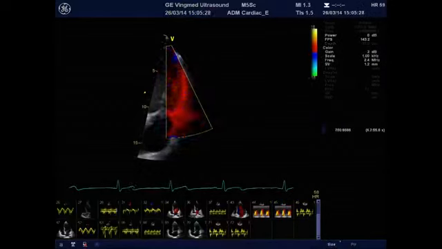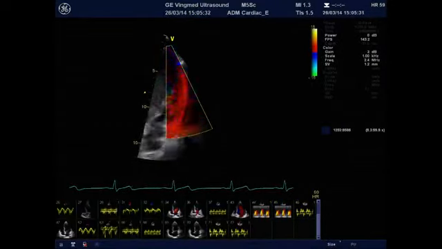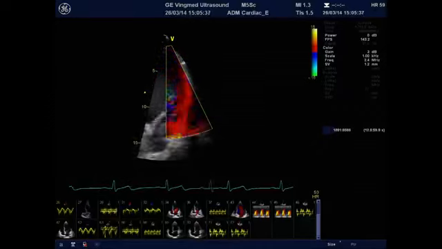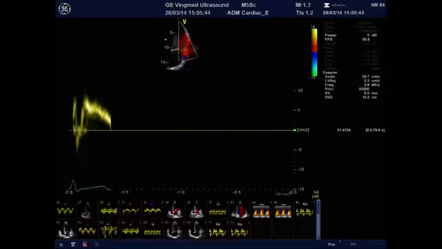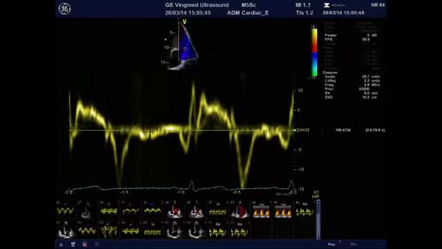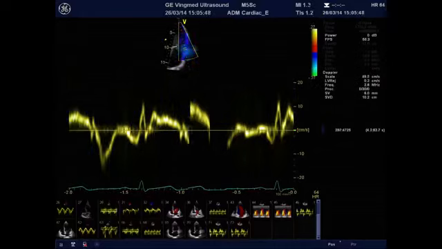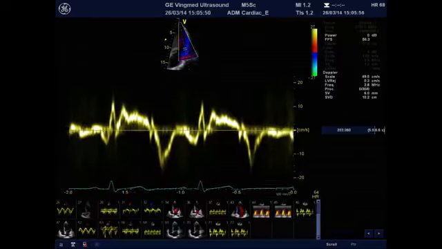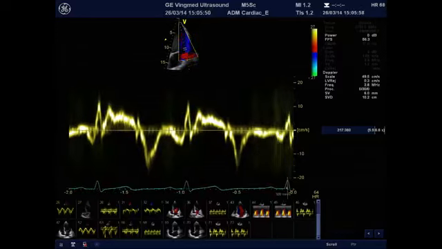For this, you have to adjust your transducer position in order to align as parallel as possible the motion of the lateral wall with the Doppler beam, and so to be within a small angle of insonation. And then you can record it, and again you will see in such a healthy subject you can have very nice tracings, and you will see a completely normal pattern.